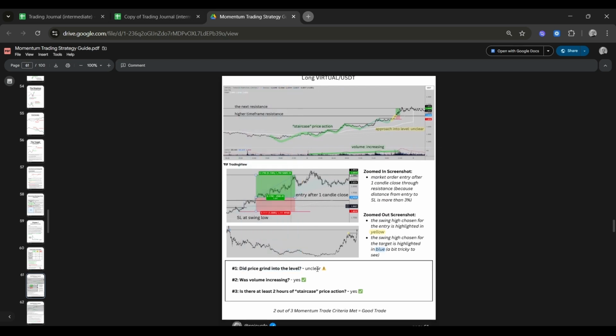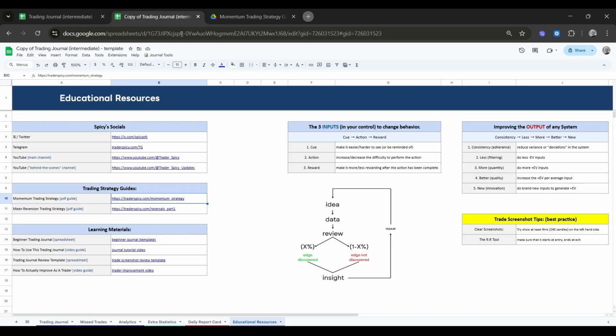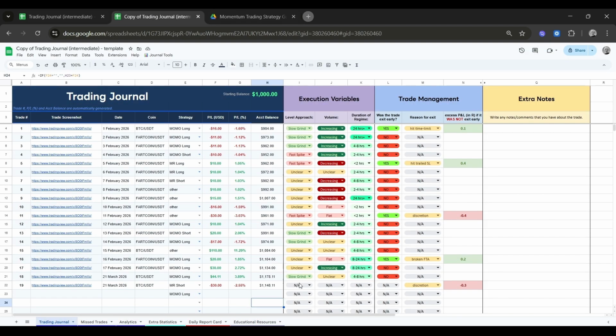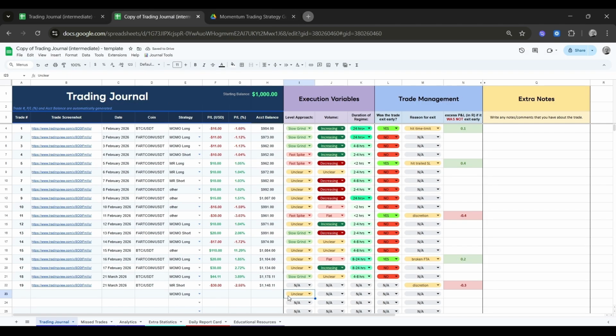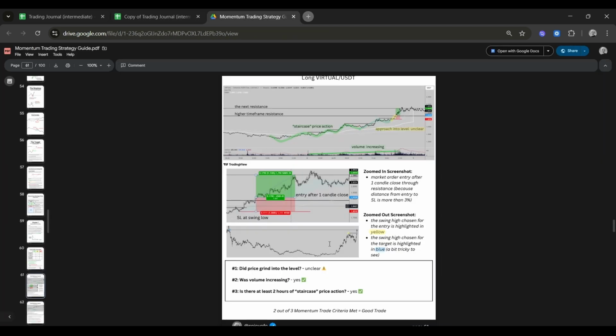Did price grind into the level? It's unclear. So in the trading journal, you would set unclear. Was the volume increasing? Yes, it was. So you would go and put increasing. And then what was the duration of the regime? This is how long the price action was staircasing for on the left-hand side.